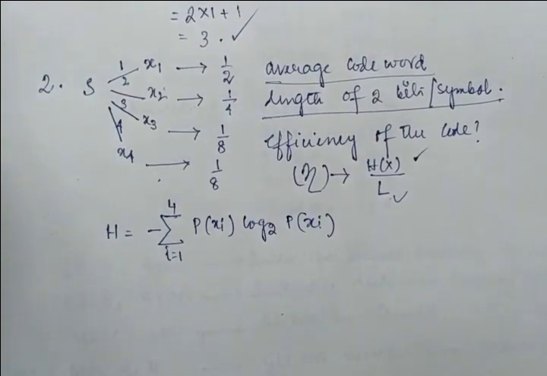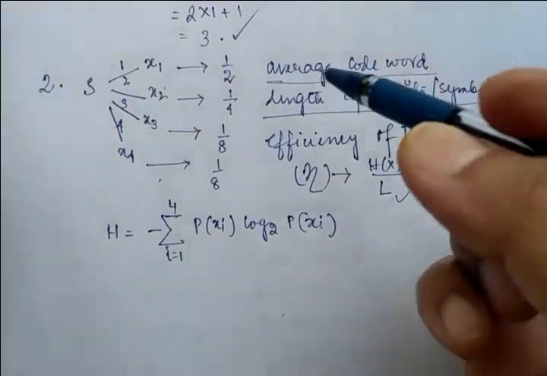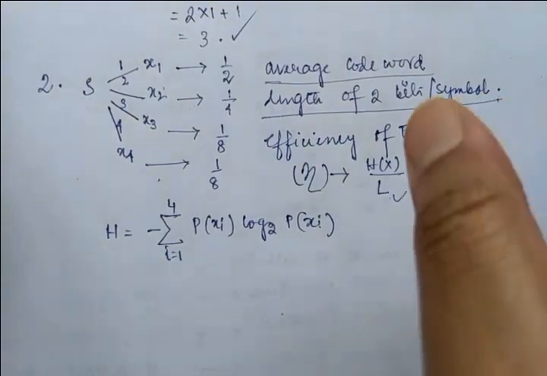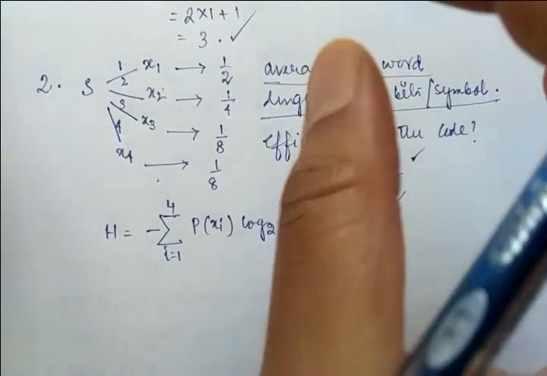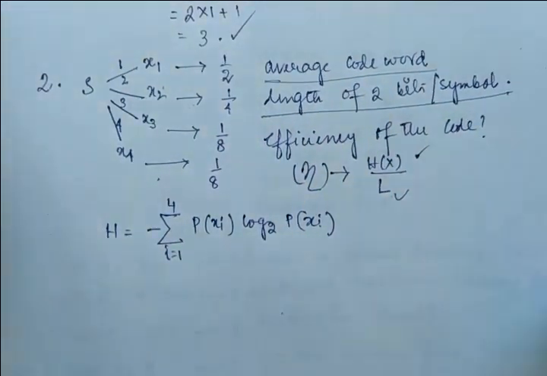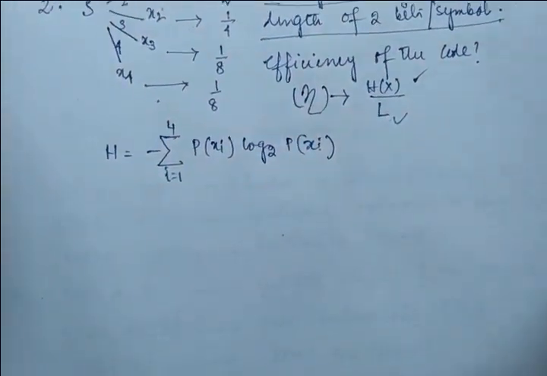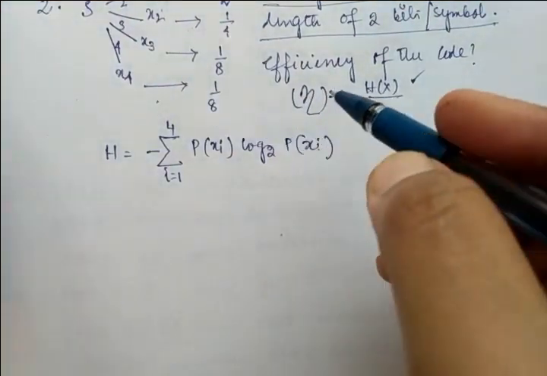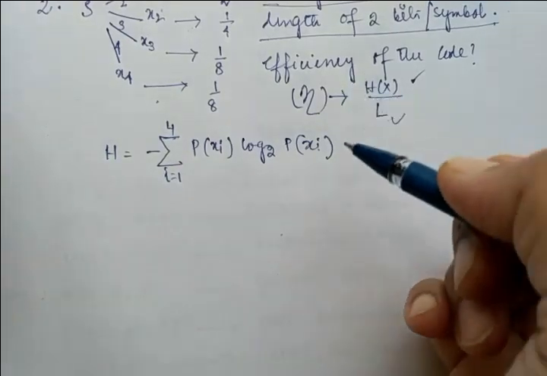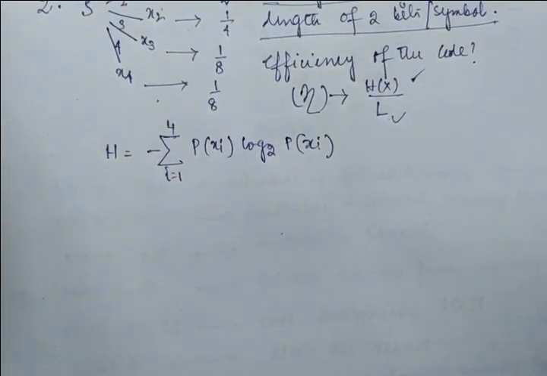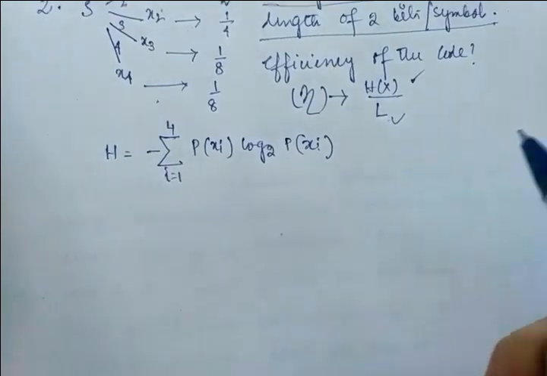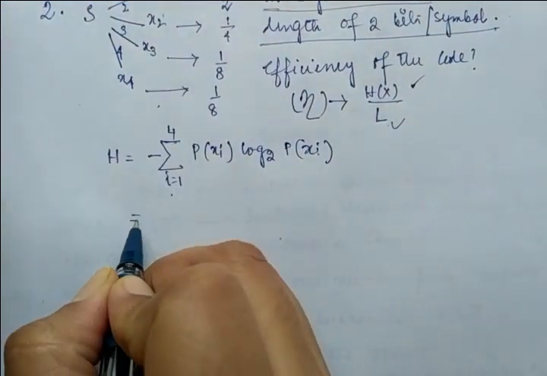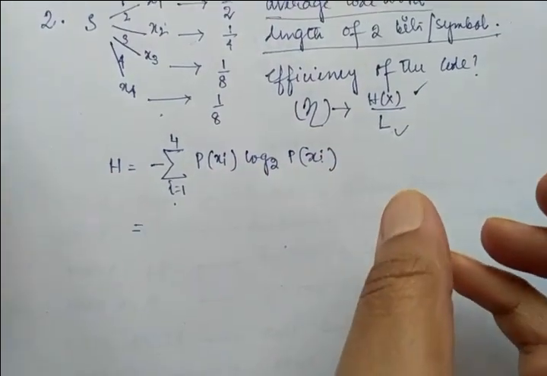I am not using I of xi, because the question is given in terms of P of xi, so I am writing the formula in terms of probability, not information. There will be a negative sign for that. If we write 1 by P of xi inside the log, then this negative sign becomes positive. So it is the summation of all these four symbols.